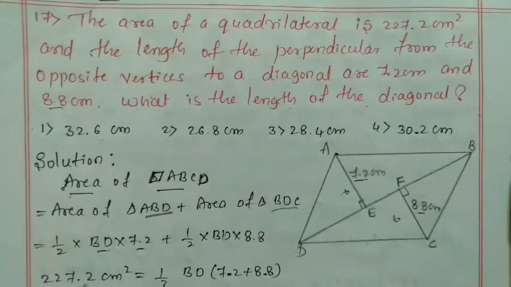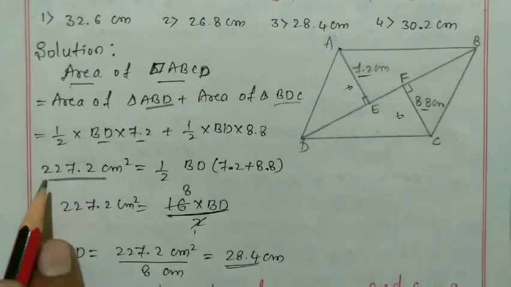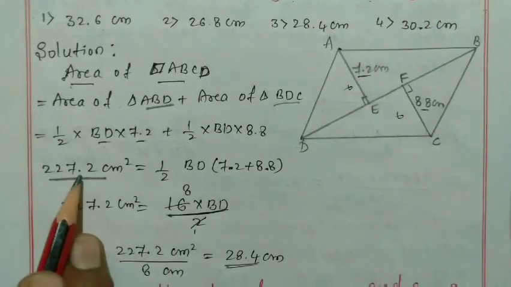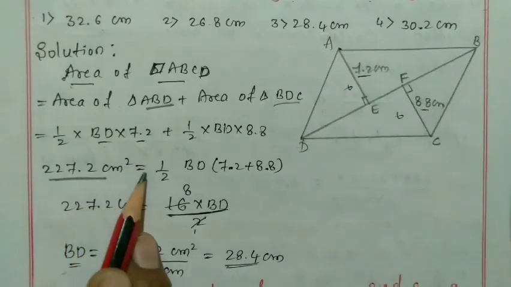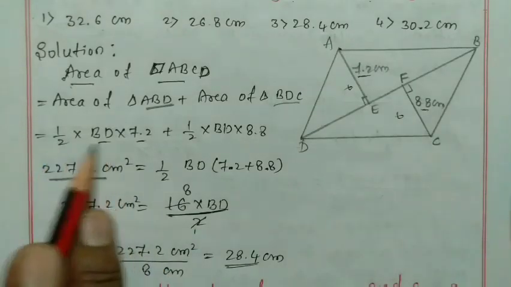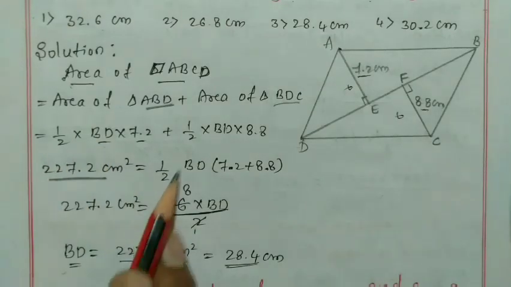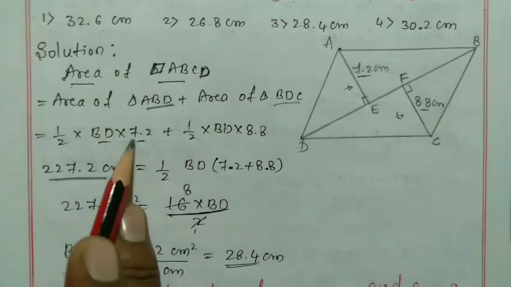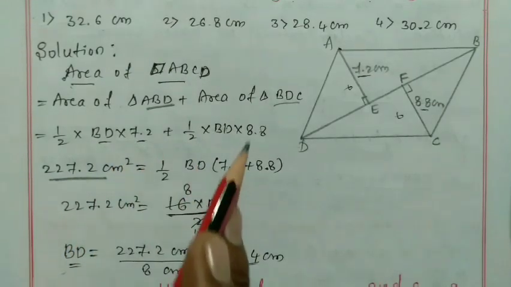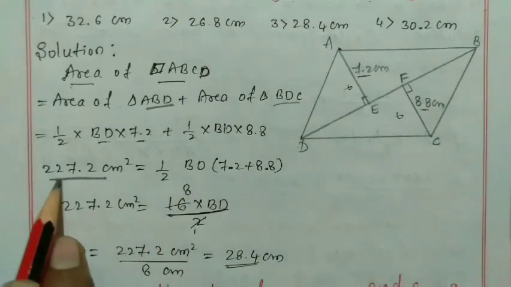The area of the quadrilateral is given as 227.2 centimeter square, which equals, taking common 1 by 2 into BD, the remaining 7.2 plus 8.8.